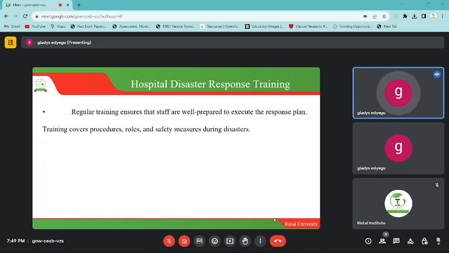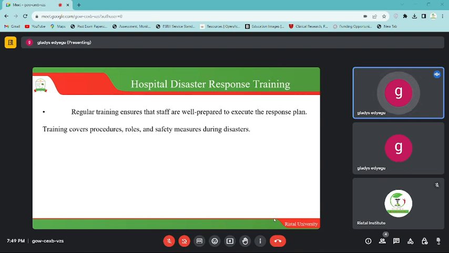So everyone has to know about the safety measures, their personal protective equipment, and those are all safety measures. And we talk about different guidelines, knowing different procedures and different protocols in relation to managing different disasters. So training has to cover all that, and our staff will be able to handle a disaster.